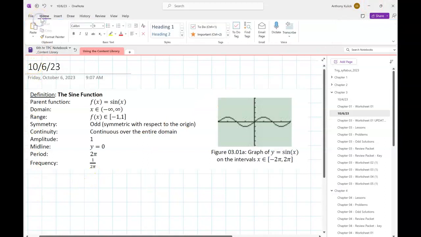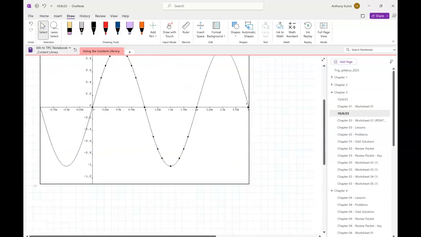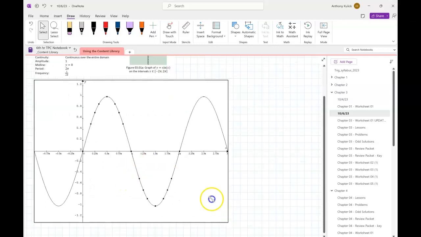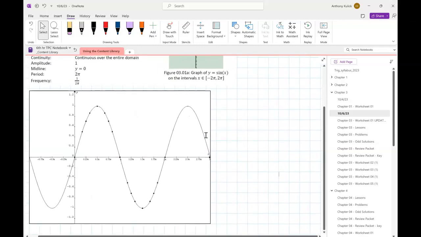So I'm going to just drop in this extra picture here to talk about amplitude, midline, period, and frequency, for example.